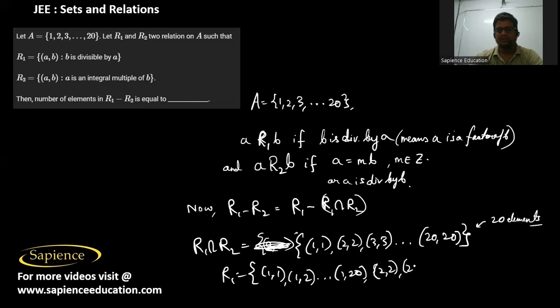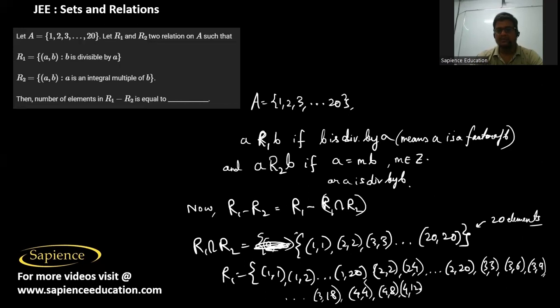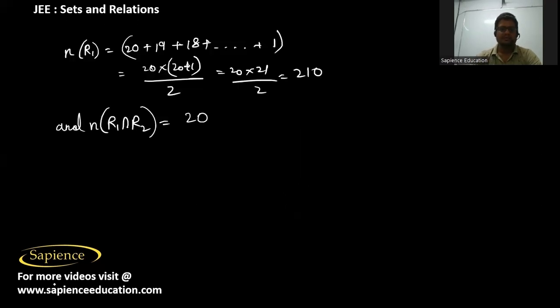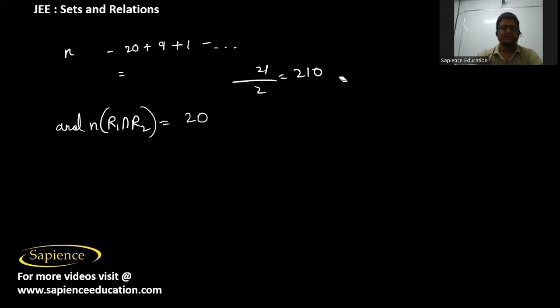So 2, 2, 2, 4, then till 2, 20, and then 3 will be related to only those numbers which are multiples of 3, which is 3, 3, 6, 3, 9, then till 3, 18. Then 4 will be related to only multiples of 4: 4, 4, 4, 8, 4, 12, then 4, 16, and 4, 20. Then again 5 will be related to, therefore this is wrong, this is not correct.